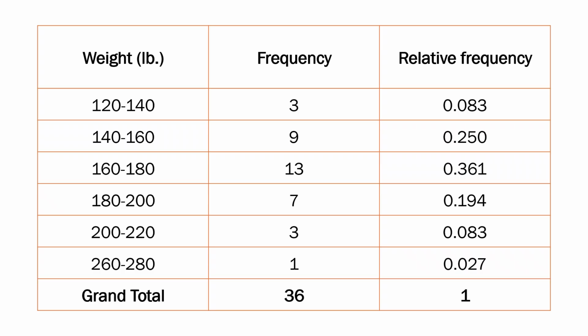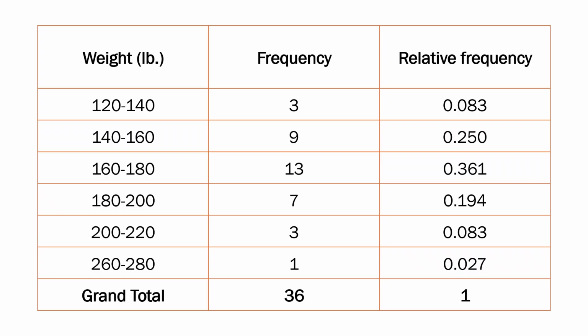What I should mention here is that the column for weight is not actually showing exactly what it should. That first category, 120 to 140, actually means 120 to under 140.